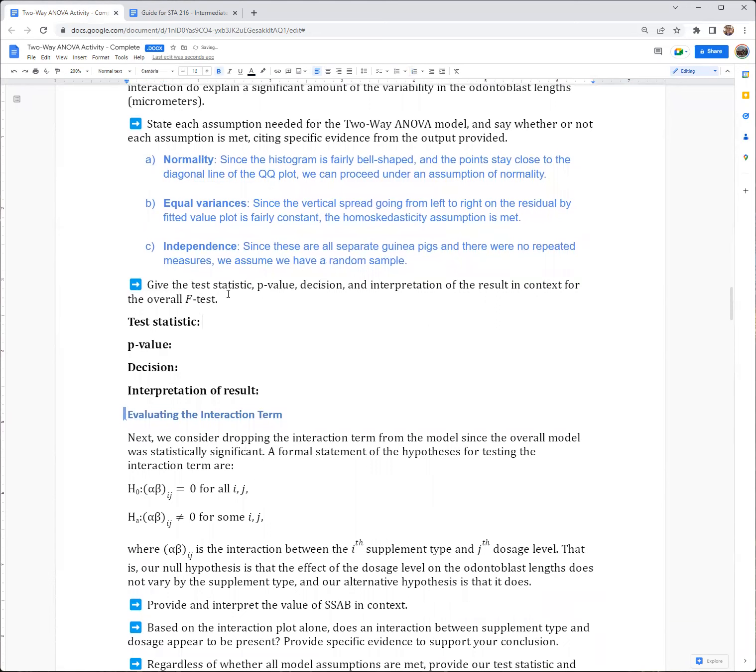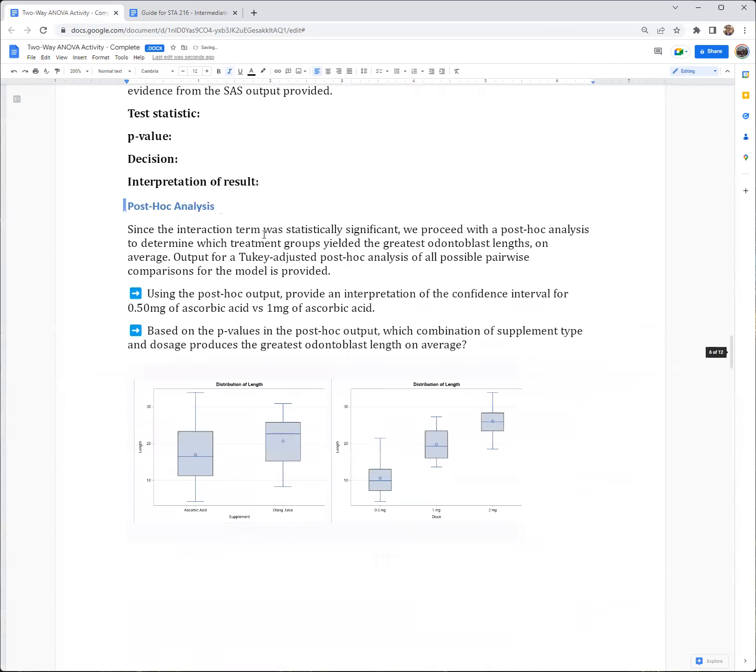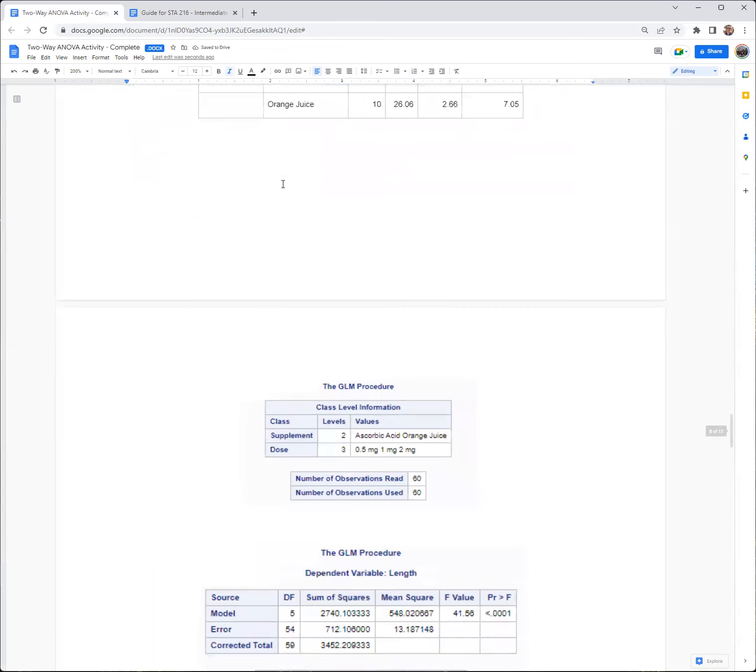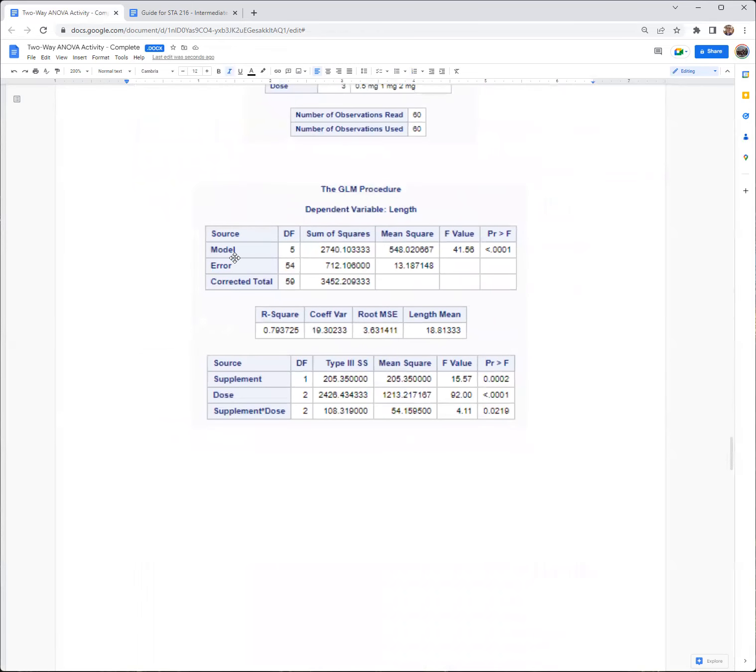All right, so now looking at the result of the overall F test for the two-way ANOVA model. Okay, let's get our F test statistic. So we get this from the ANOVA table here.